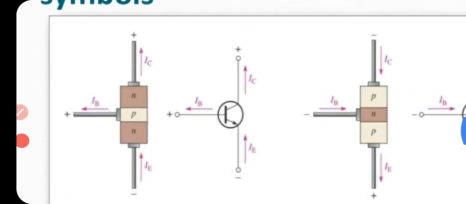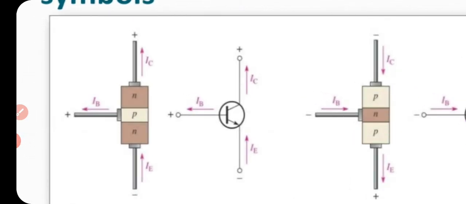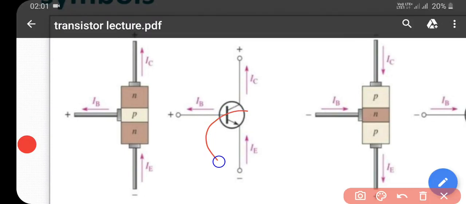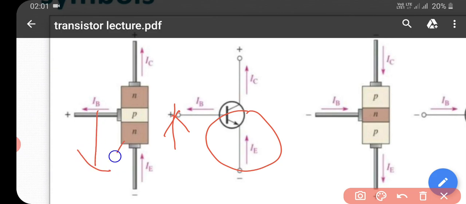Transistor symbol: NPN transistor and PNP transistor. These arrows show the direction of conventional current flow. As we know, electron moves from negative to positive terminal and current moves from positive to negative terminal.